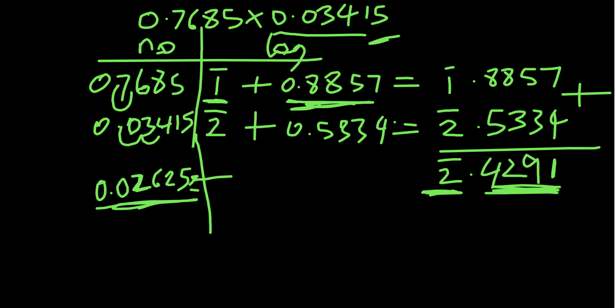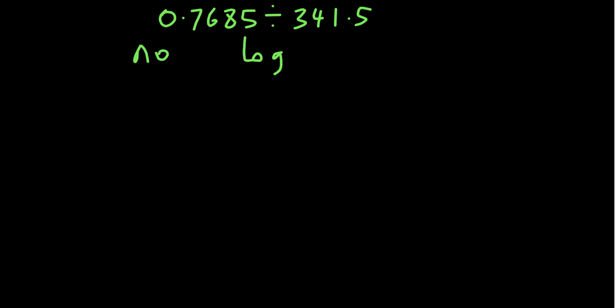We may want to go on solving other questions to establish this in our memories. So we may have to attempt another question that involves division: 0.7685 divided by 341.5. Like we always do, we put number and the log here. When you solve the first number, you have to write it down here.